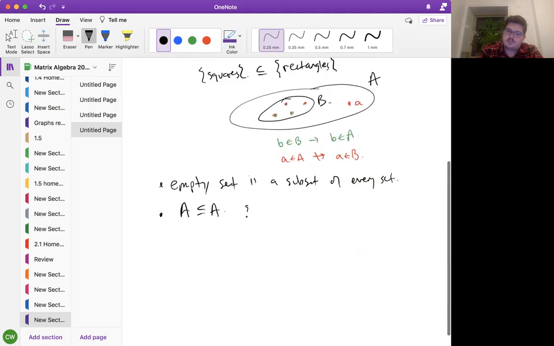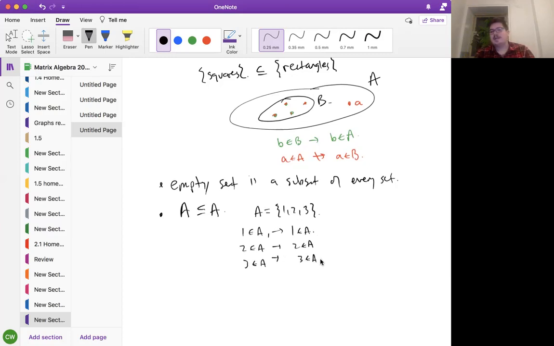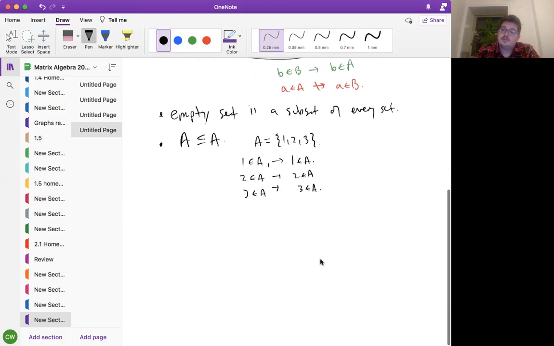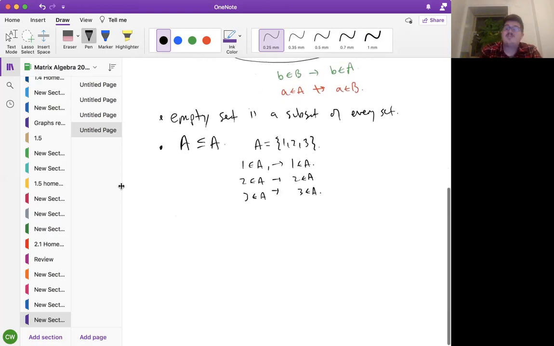So like you said, 1, 2, 3. Let's say A is equal to {1, 2, 3}. And that's true, right? If 1 is in A, that implies 1 is in A. If 2 is in A, it implies 2 is in A. 3 is in A implies 3 is in A, right? So the subset could be the whole set itself. Okay, so if you don't want that to happen, there's a proper subset.